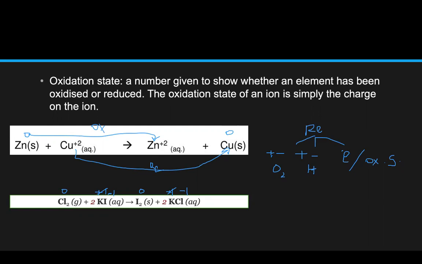So the number goes up, which means it has lost electrons. And so it has been oxidized. While, for example, taking a look at what we said here, we have copper. When it goes down, the species have gained electrons, so the oxidation state has decreased. It means the species has been reduced.